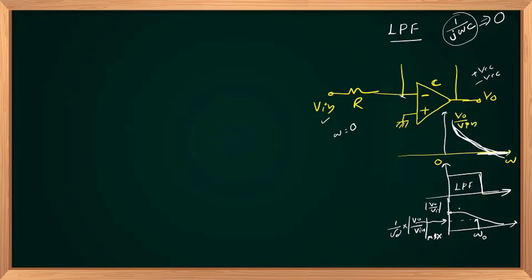Maximum occurs at omega equal to 0. Here at omega 0, we are unable to identify the transfer function because output is saturated. If you are ensuring stability of the circuit even at omega equal to 0, you will have a plot like this: V out by V in max, then decreases, and becomes 1 by root 2 times the maximum value at omega equal to omega naught. We call it the 3 dB frequency.